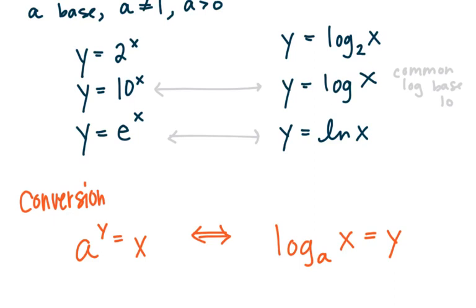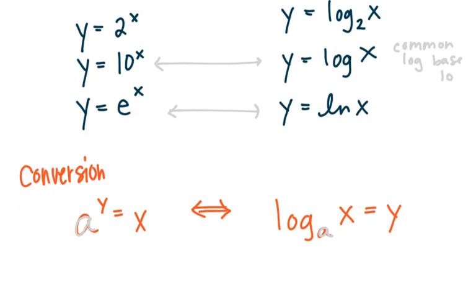Notice that base a remained the same, and then the x and the y switch sides. That, x and y switching places, is indicative of an inverse. And as I said, logarithmic and exponential functions are inverses. So I just wanted to make sure you, my students, were familiar with the properties and the logarithm and exponential notation.